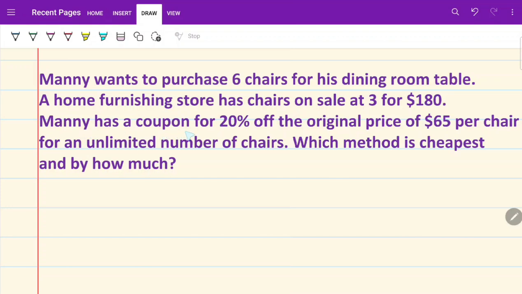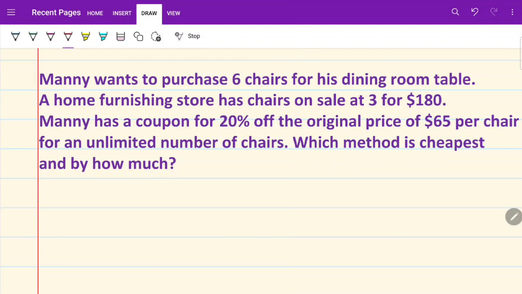Manny has a coupon for 20% off the original price of $65 per chair for an unlimited number of chairs. Which method is cheapest and by how much? So we are expected to figure out which of the two options to purchase 6 chairs is going to be cheaper and by how much.